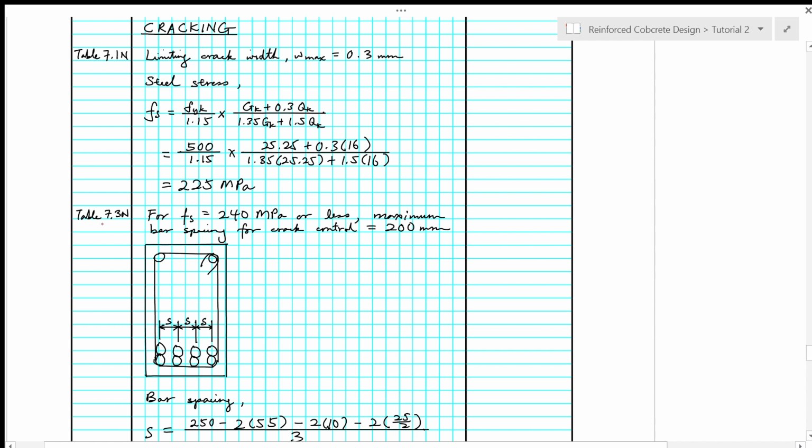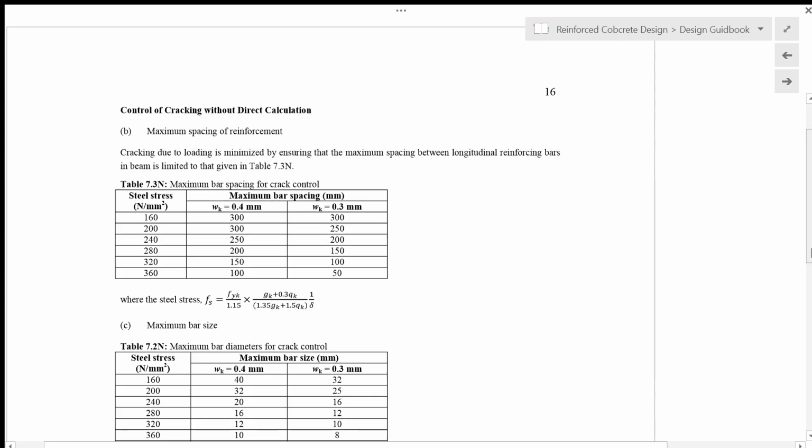And then from table 7.3N, for steel stress of 225 megapascal, it is slightly less than 240 megapascal. So we use 240 megapascal as our reference, and that gives us 200 mm spacing for maximum crack width of 0.3 mm.